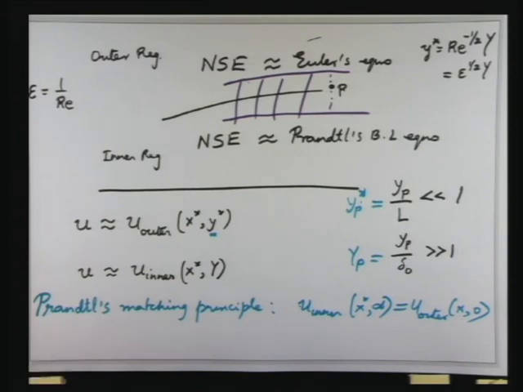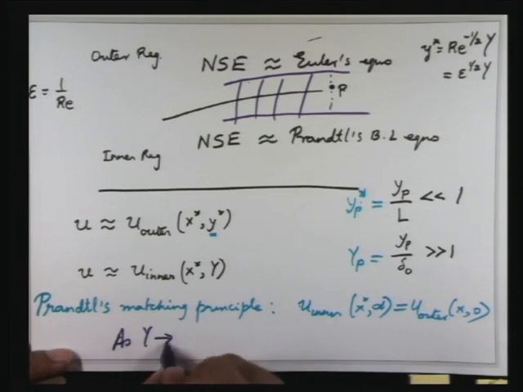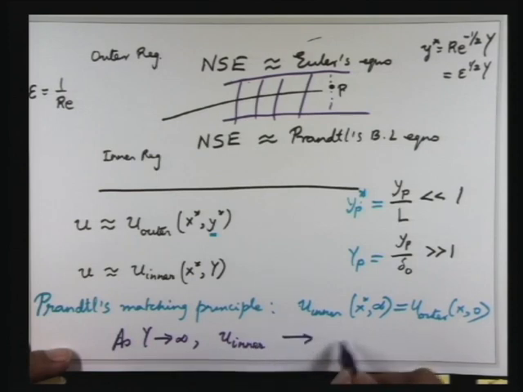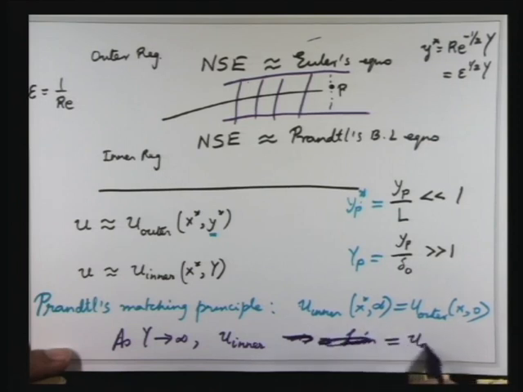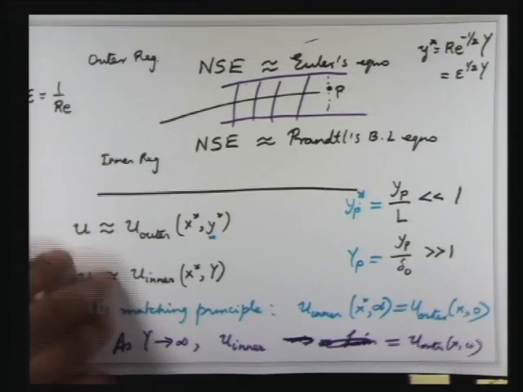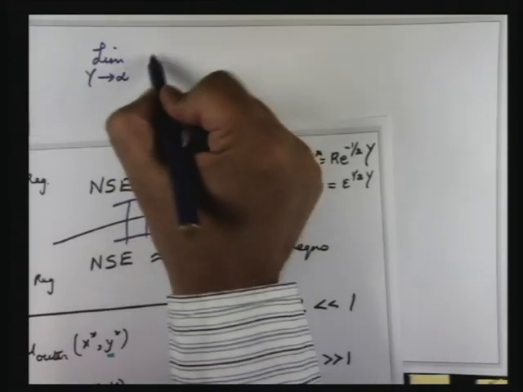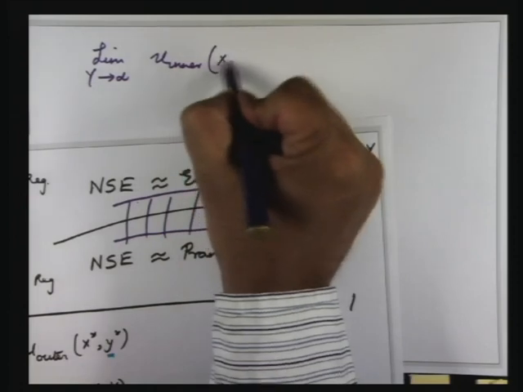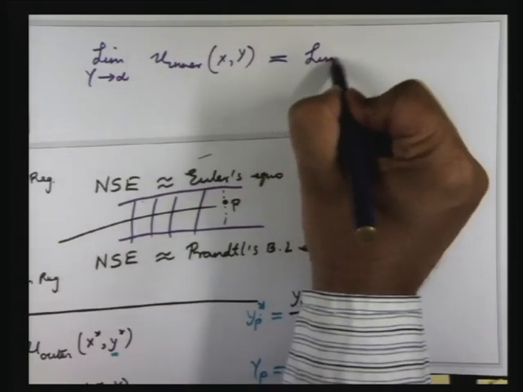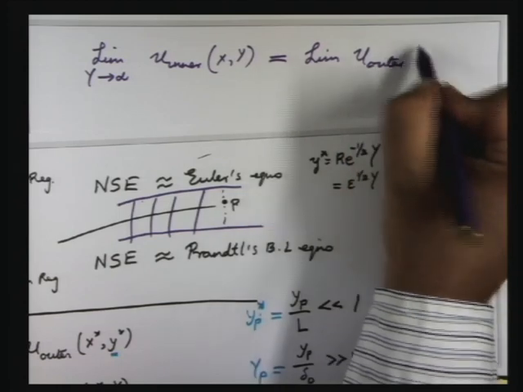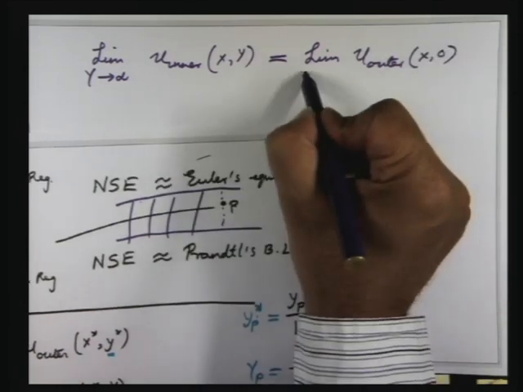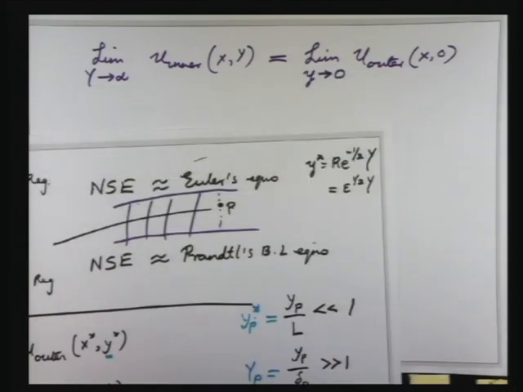Or you can write it this way: as Y goes to infinity, the u inner solution must be equal to the limit, or there are different ways of writing it, u outer of x comma 0. Another way of writing it is that limit Y goes to infinity, u inner of x comma Y, is limit u outer of x comma y as y goes to 0.